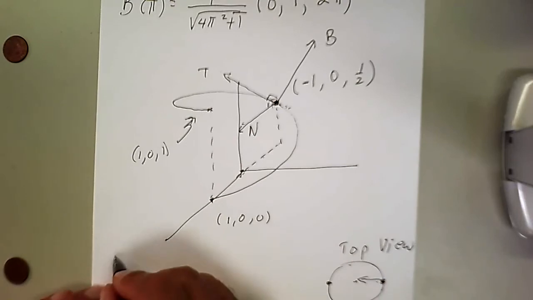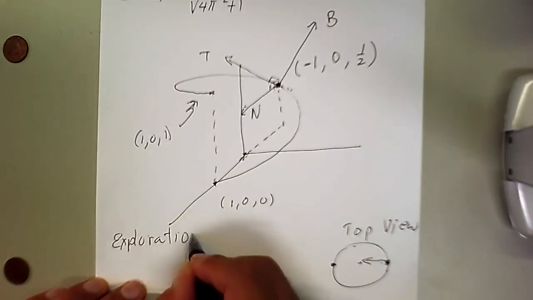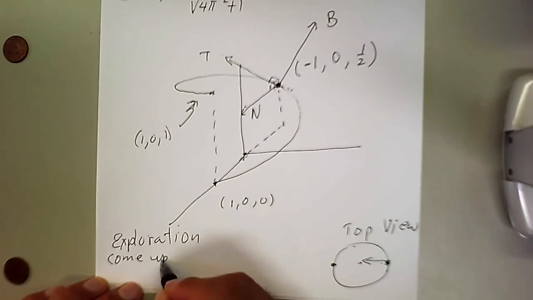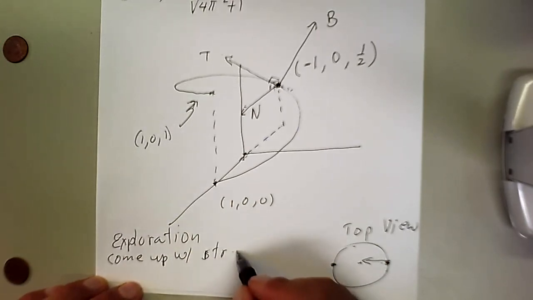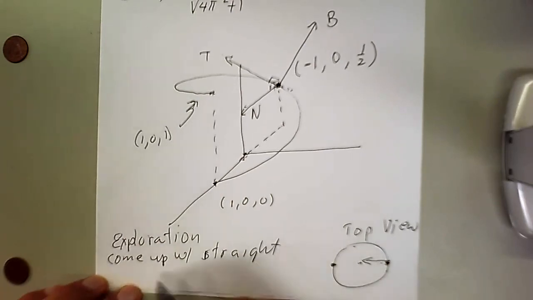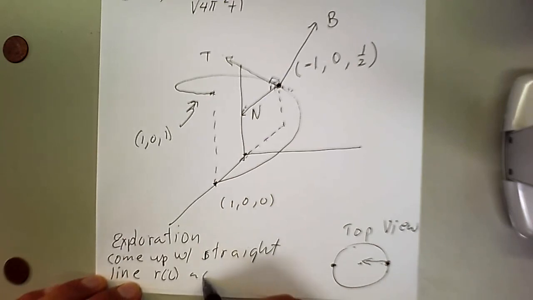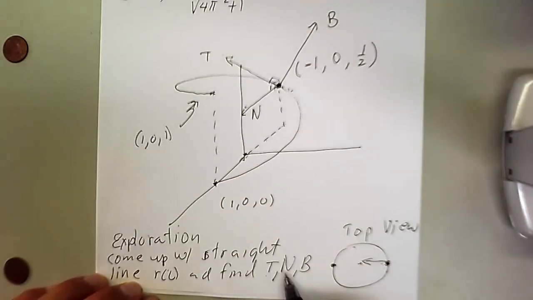So as an exploration, come up with a straight line R of t and find T, N, and B, tangent, normal, binormal unit vectors.